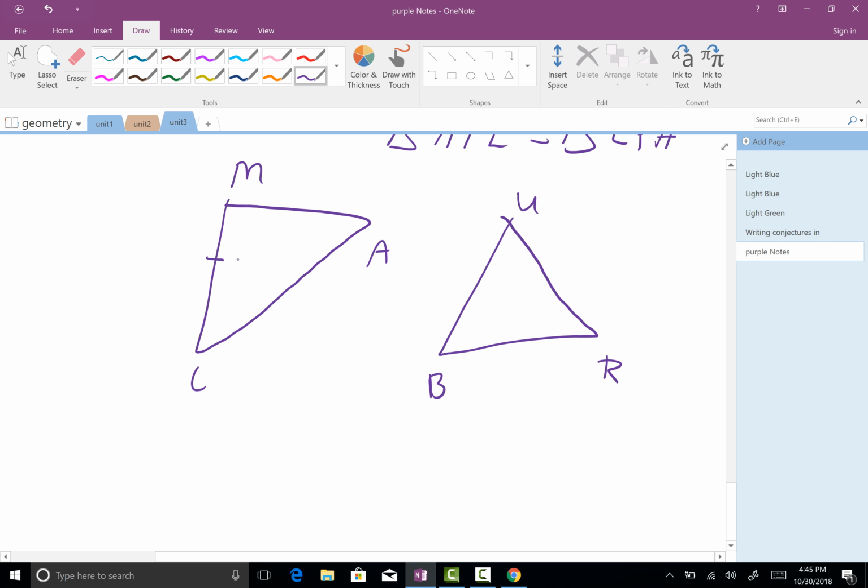So let me mark some things on this one. All right, here we have an angle and two sides, so angle, side, side. Here, I have a side, angle, side.